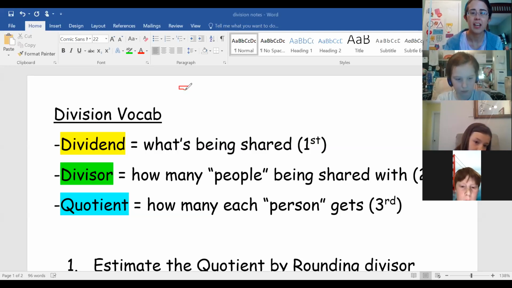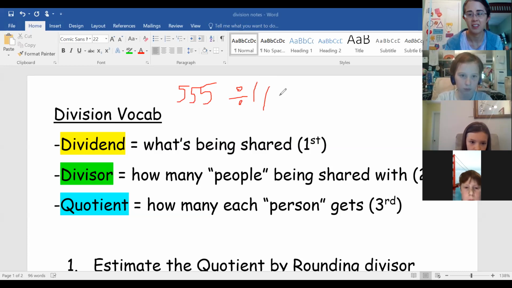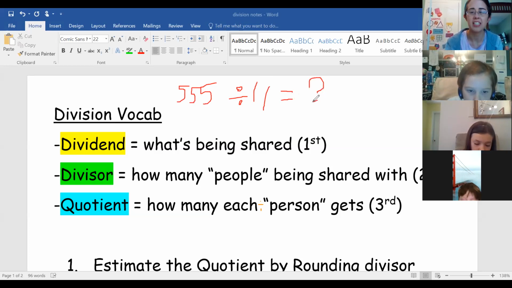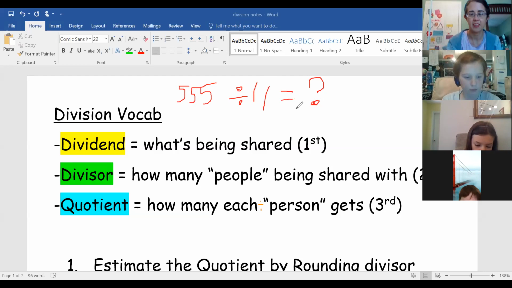Yes. Okay, so what number comes first in this division equation? 555, that's the dividend. Perfect. What number do you see second? 14.